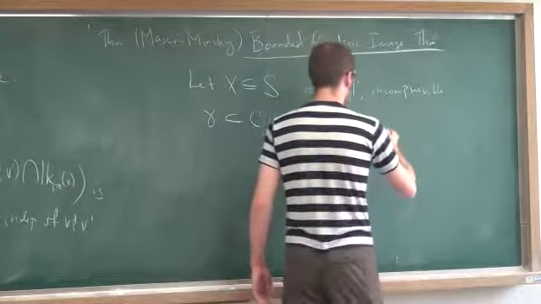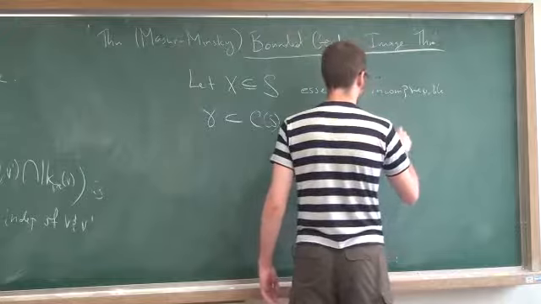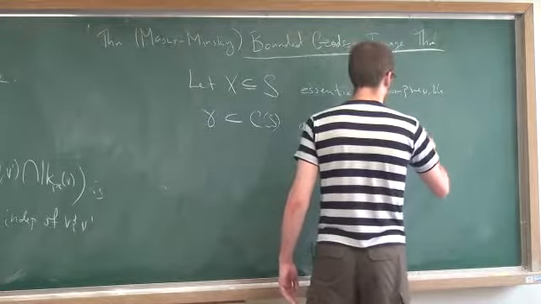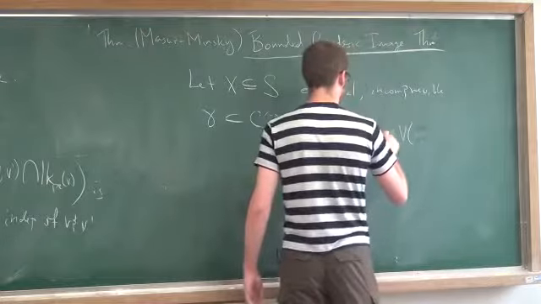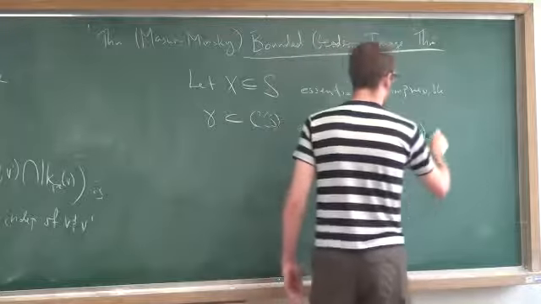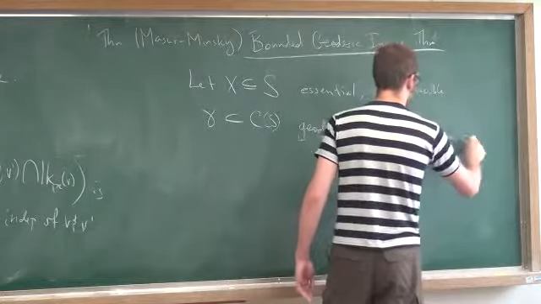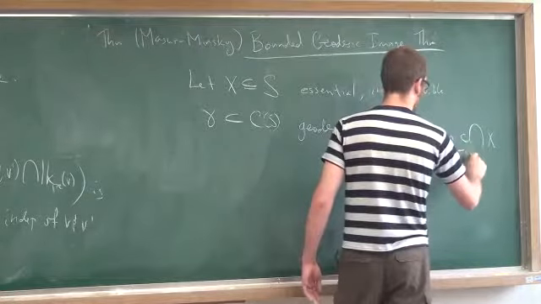And we assume that if C is a vertex of gamma, then C intersects X essentially.